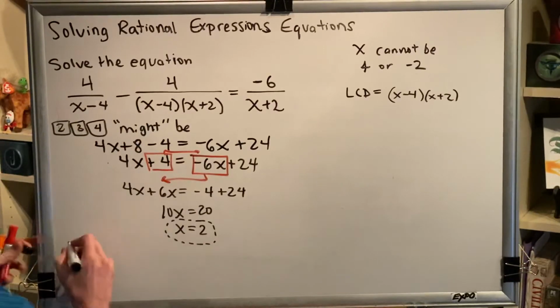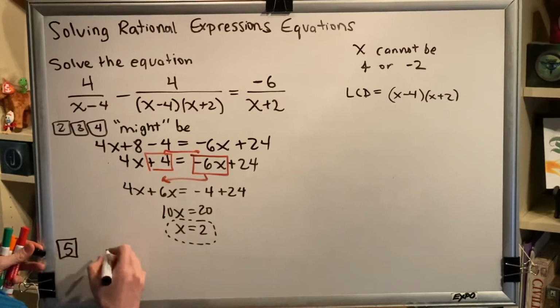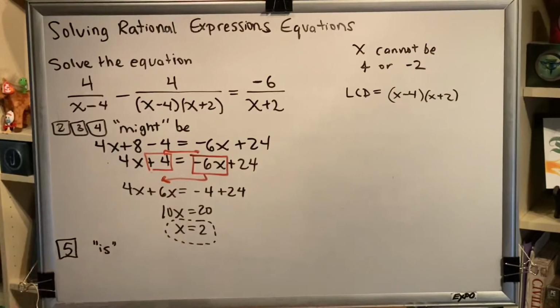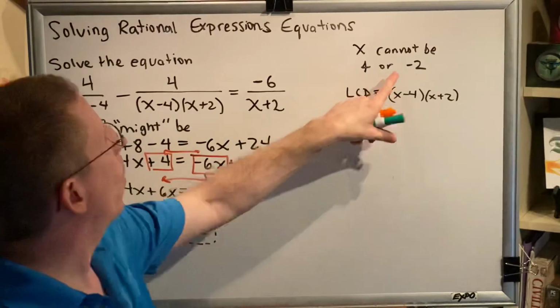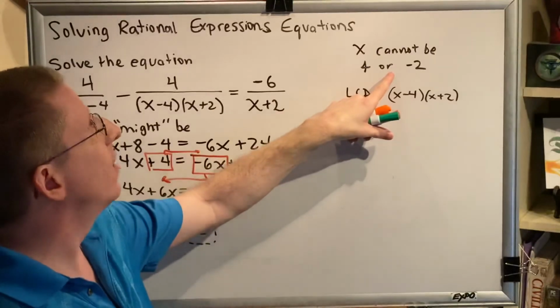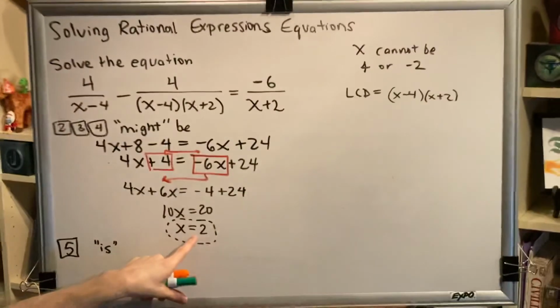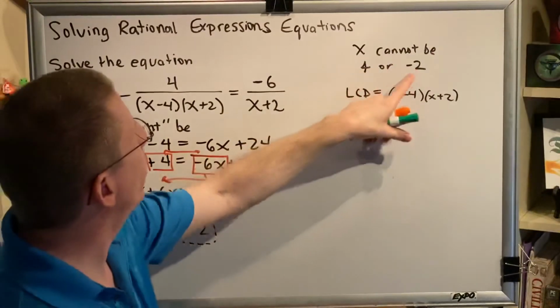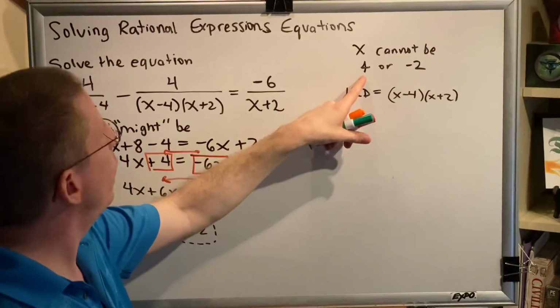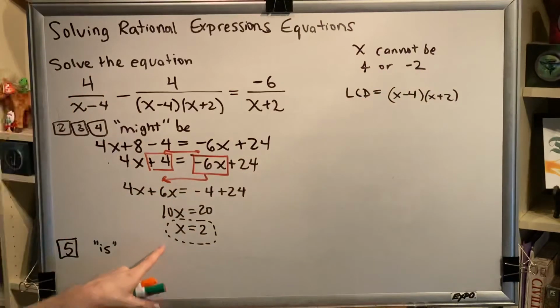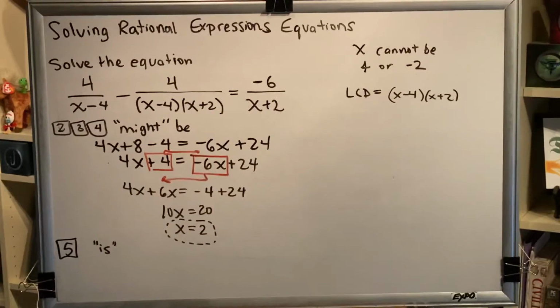All right, we're now ready to move on to step 5. Step 5 is where we find out what the answer is. The first thing we're going to do is take each possible answer and compare it to what we discovered in step 1 as invalid answers. So, is 2 acceptable based on what we learned in step 1 of this problem? The answer is yes. X cannot be 4, x cannot be negative 2, but 2 is okay, as long as it really is a solution to our equation. How will we know if it's a solution?